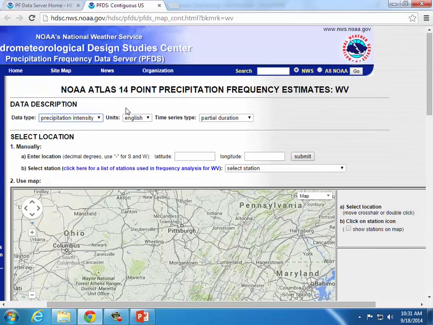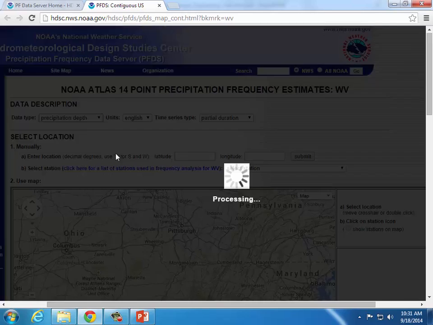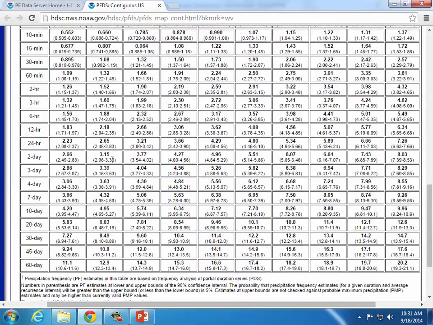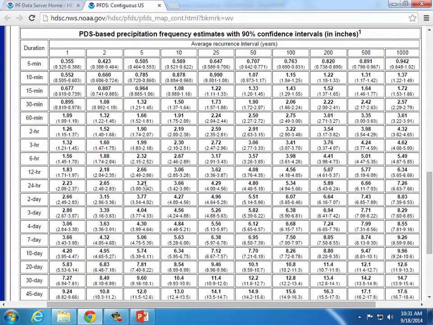So let's switch back to depth again. Comparing 24-hour to 1-hour, the 24-hour storm has a greater amount. 3.21 is the total depth. Even though it had a lower intensity, it has a longer time.